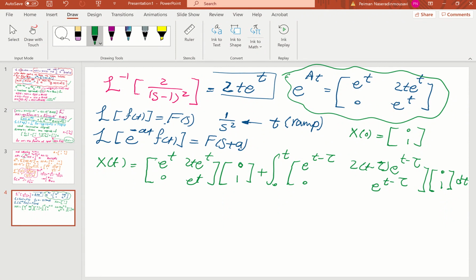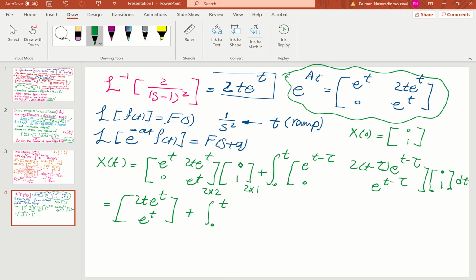So now if you do the multiplication, what you get is this. This is 2 by 2 and this is 2 by 1, so it's going to be 2 by 1. Multiplied by this, you get 2t e to the t, and this multiplied by this gives e to the t, plus the integral from 0 to t.